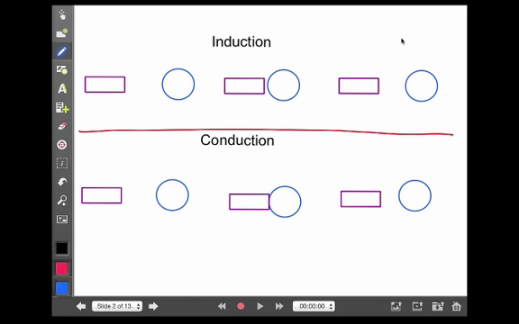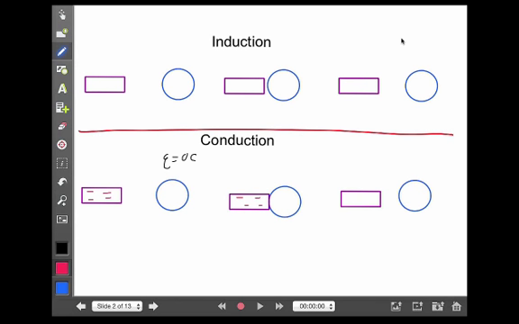So for example, let's say I've got a negatively charged object and then I've got one that is neutral. Now, if I touch that negatively charged object to that neutral object, because there's so much charge on this object, it doesn't want to stay that way.